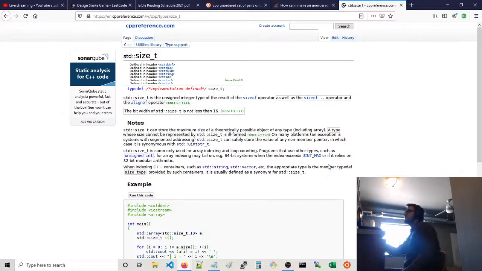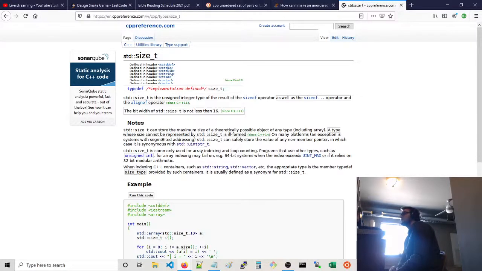Okay, this can store the maximum size of theoretically possible object of any type. On systems with segmented addressing it can safely store the value of any non-member pointer, in which case it is synonymous with std::uintptr_t. It's commonly used for array indexing and loop counting.